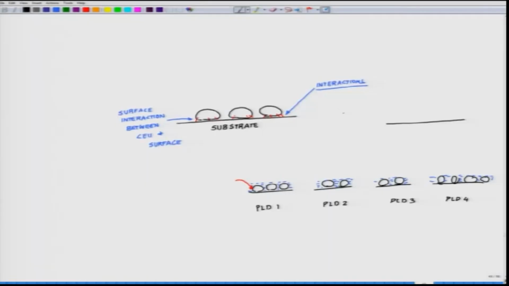So say for example, here you have the substrate, and in your small test tube you have the cells that you have isolated, and I am showing the cells. Here you have the cells, and they are suspended in a medium like this.